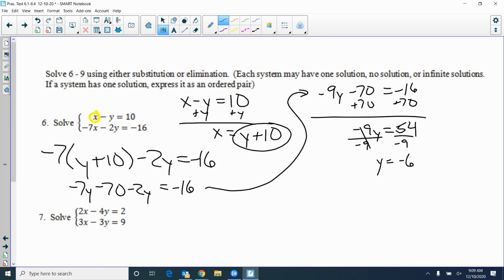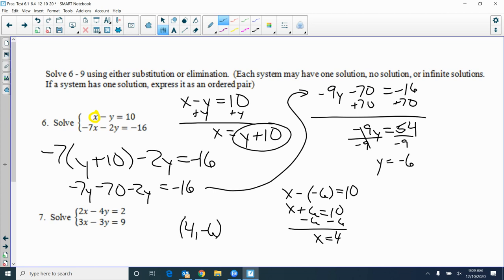So I'm going to do x minus, but remember that's a negative 6, so plus 6 equals 10. X plus 6 equals 10. I'm going to subtract, and x is going to be 4. And remember, I have to write it as an ordered pair. So it'll be 4, negative 6.